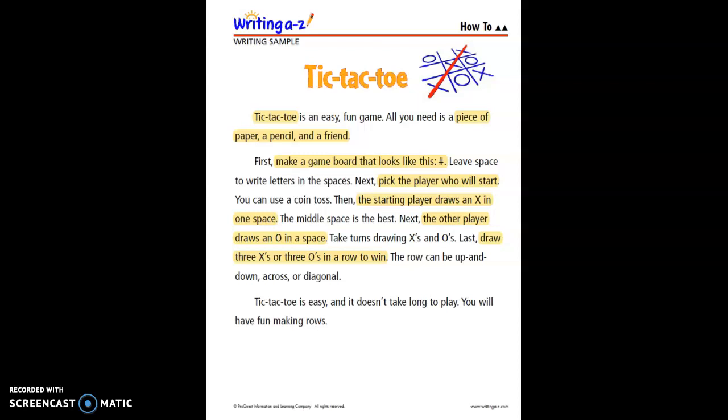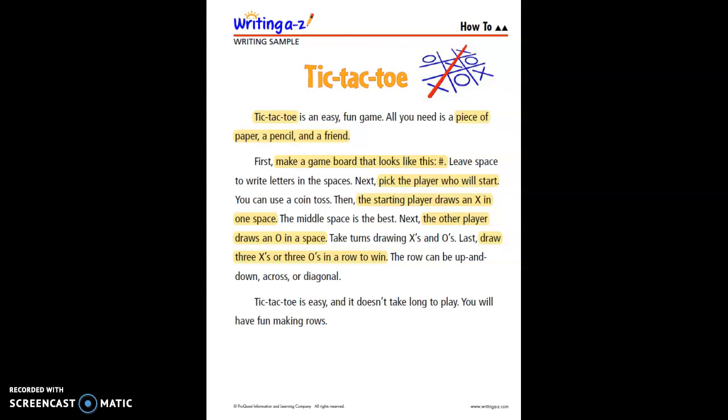Now, if we move on, I do want to remind you about word choice, using precise vocabulary for each step. When we do that, it helps the readers better understand what to do. So, for example, in this sample, it tells the starting player to draw an X in a spot or space. How do you think this step might be less clear if the words starting and draw did not appear?